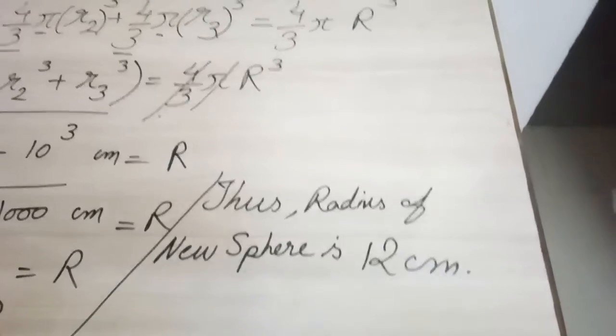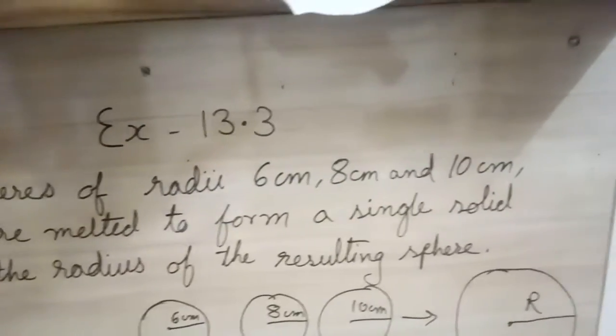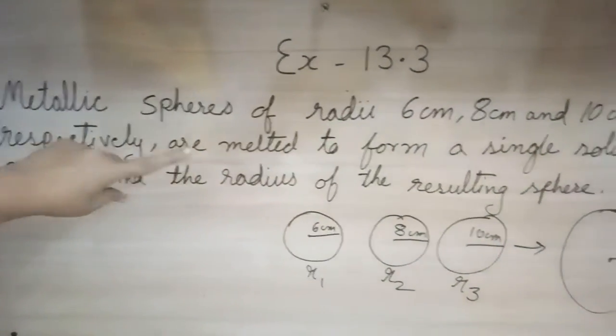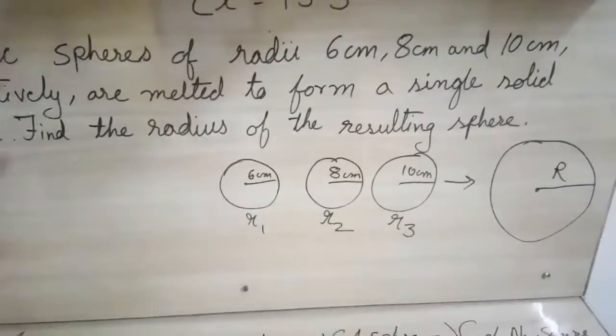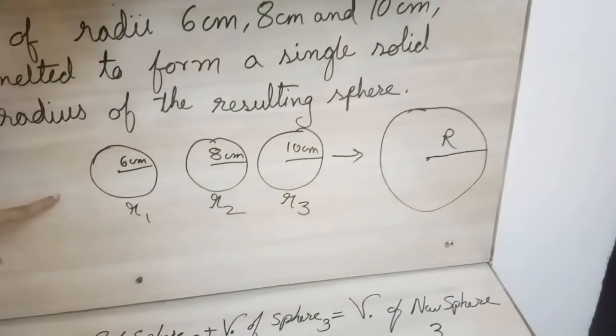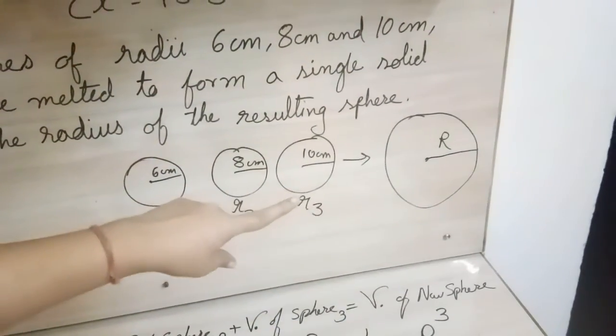You can go through from starting nicely. Metallic spheres, radii they have given 6 centimeter, 8 centimeter and 10 centimeter respectively are melted. हमने एक नया बनाया इनको मेल्ट करके, single solid sphere. We will draw the figure, label it, write the measurements which are given. So 3 spheres recasted into a single sphere.